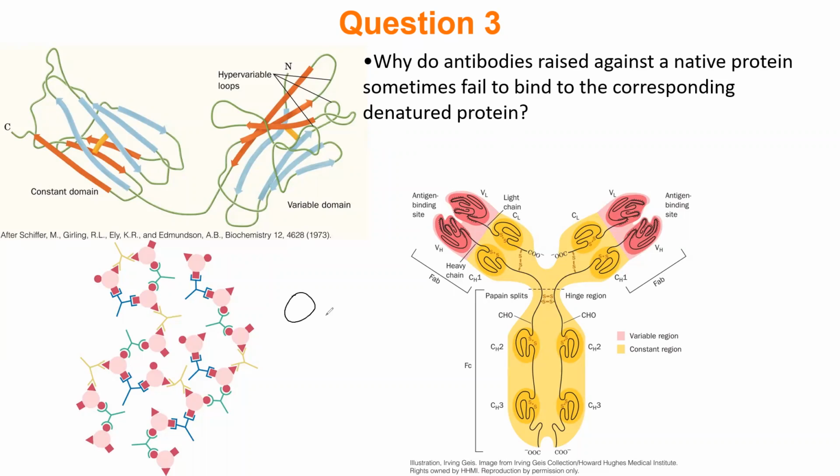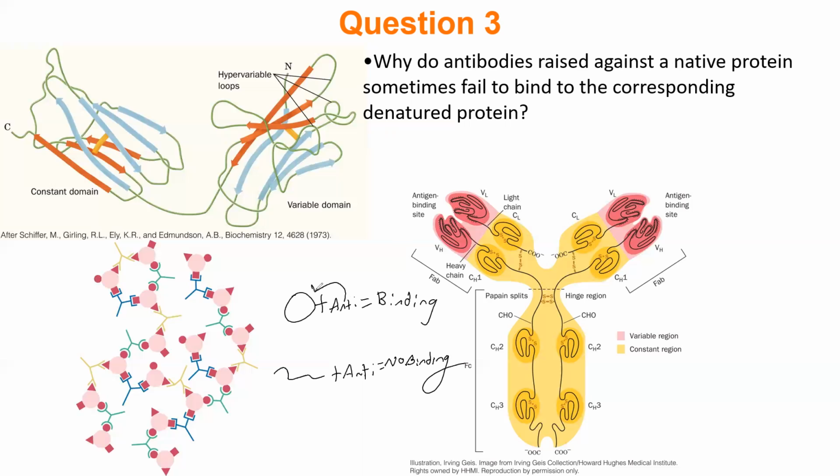So I have a folded protein plus antibody, and it binds. I have the same protein, but I unfold it, and I have the same antibody, but sometimes you get no binding.